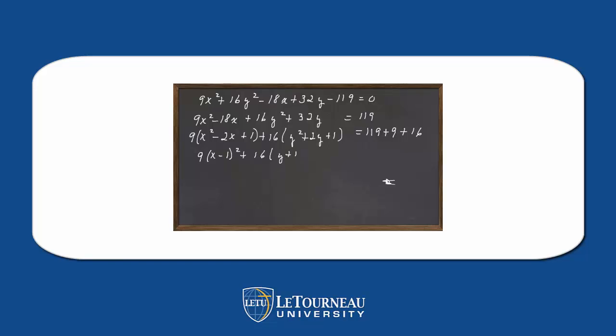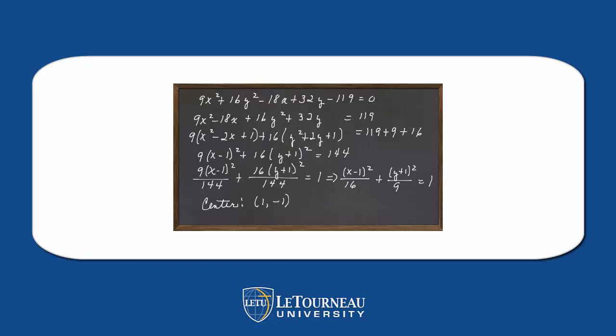So we get 9 times (x minus 1) squared plus 16 times (y plus 1) squared equals 144. Now, we have to divide everything by 144 because remember, the right-hand side has to equal 1. It can't equal anything else. Then we take the first term and divide numerator and denominator by 9, and for the second term, divide numerator and denominator by 16.